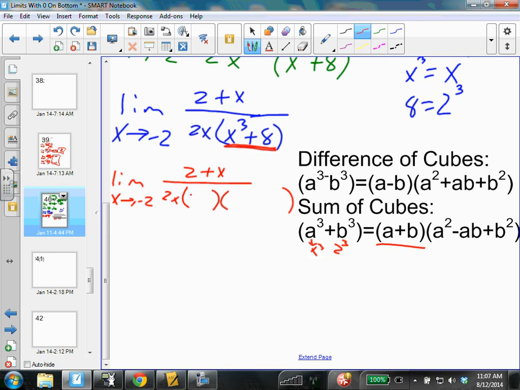So that would be x plus 2. Exactly. In this case, minus a times b. Well, a is x, b is 2, so a times b is going to make 2x. Plus b squared. So b was the 2, so b squared is 4.